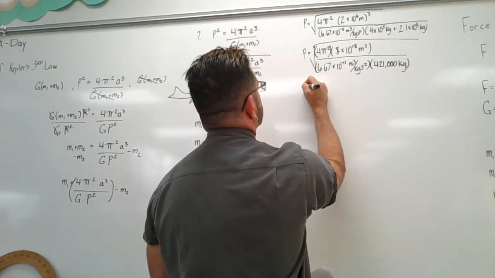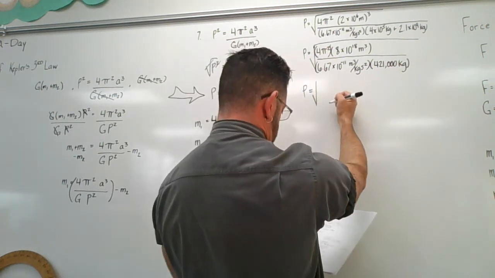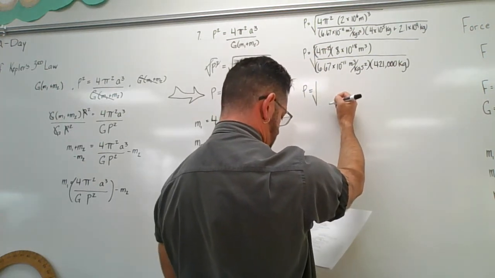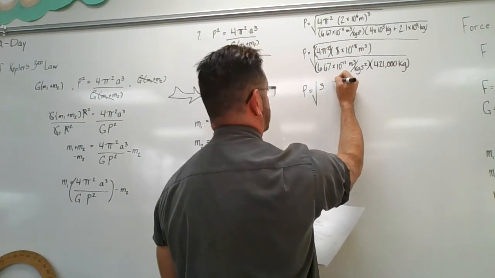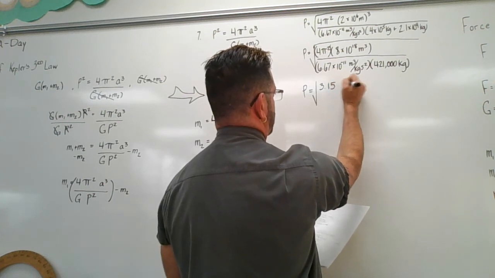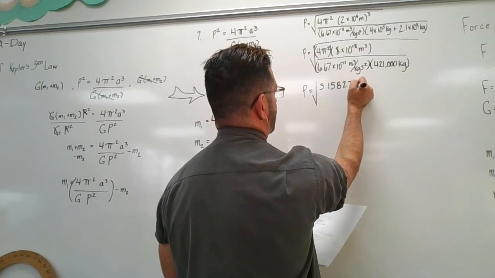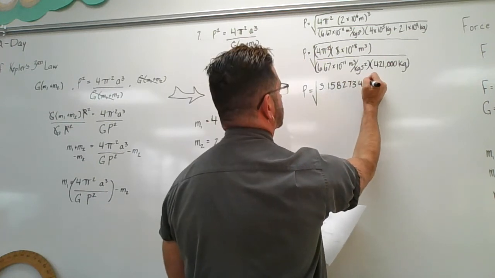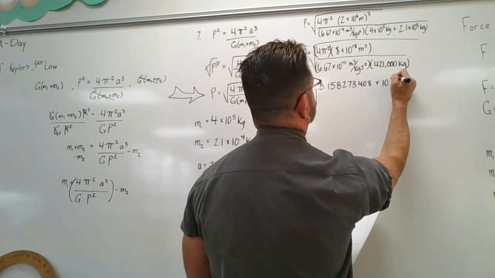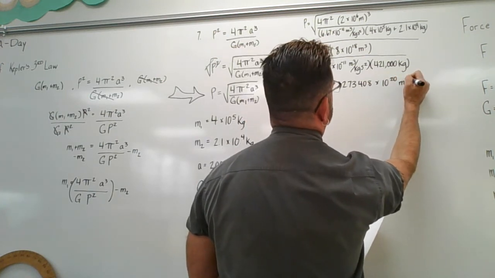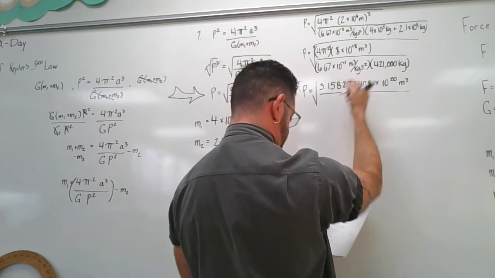So then we get P is equal to the square root of 0.158,273,408 times 10 to the 20th meters cubed over, multiply these two together.